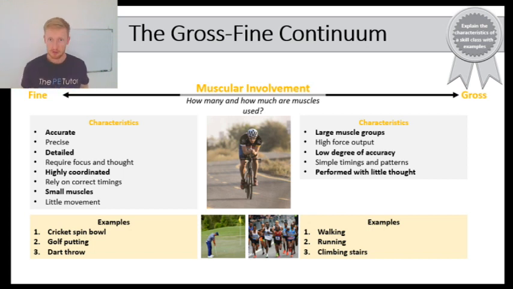Large muscle groups, and there's a high force output. It's more a case of getting work done rather than the detail. So jumping as high as you can, gross skill. Cycling as fast as you can. Large muscle groups pumping and working in quick revolutions, high force output.